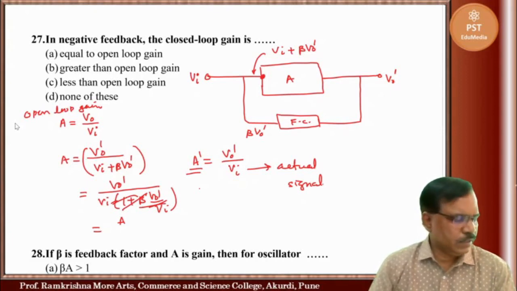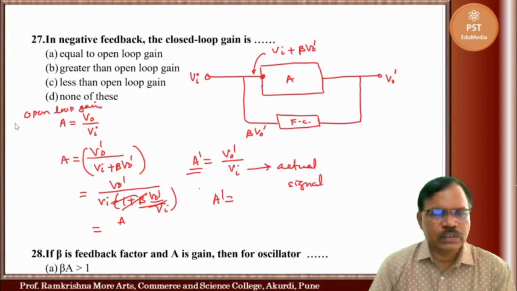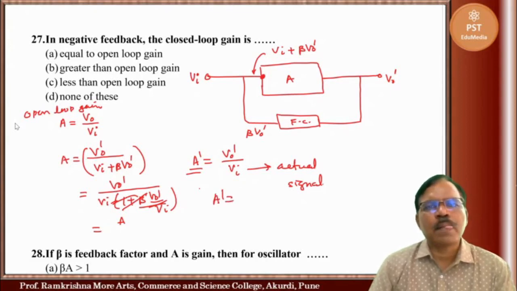So you will get A dash is equal to A upon 1 minus beta A.